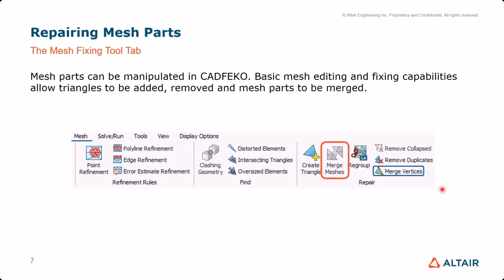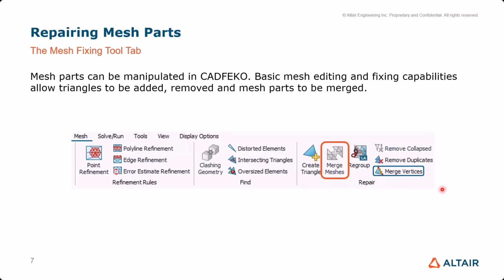A second tool helps you merge meshes. This is when you have imported two different meshes in your model and you want to merge them into one mesh. This is the equivalent of the union tool for CAD.